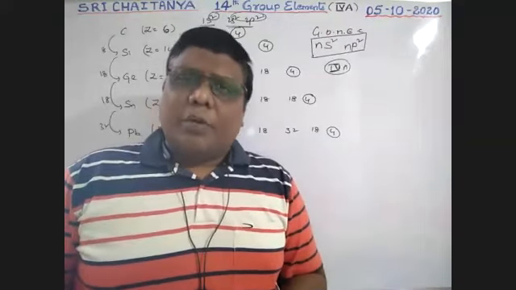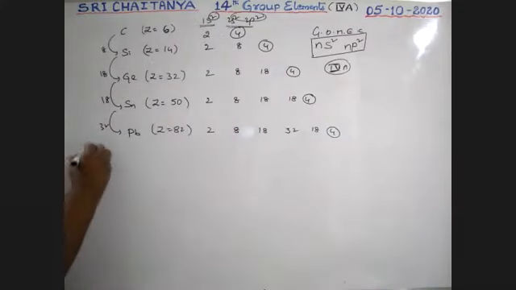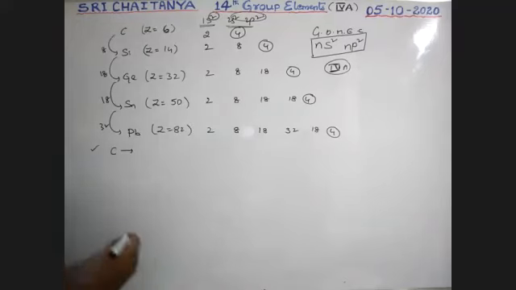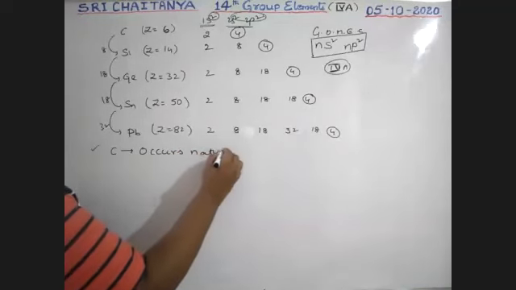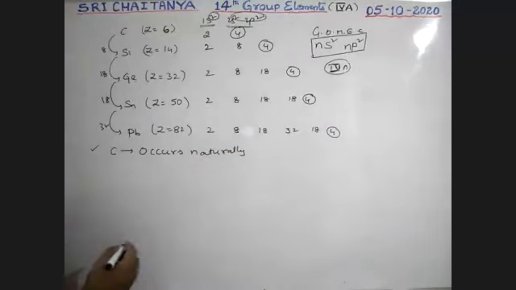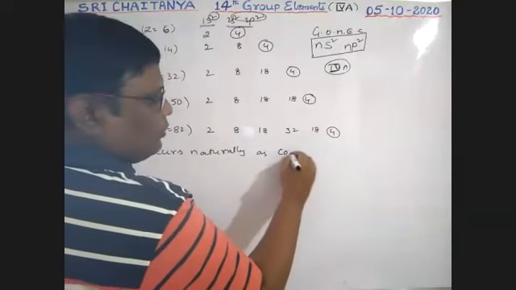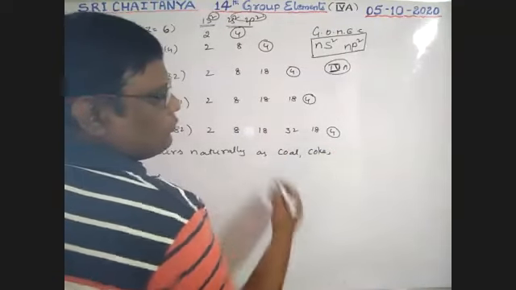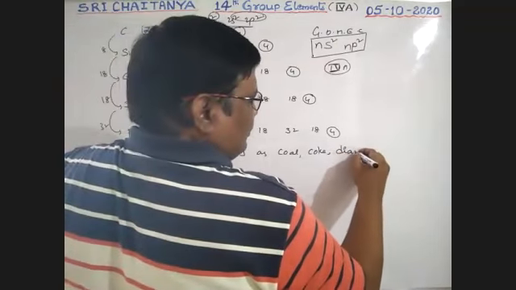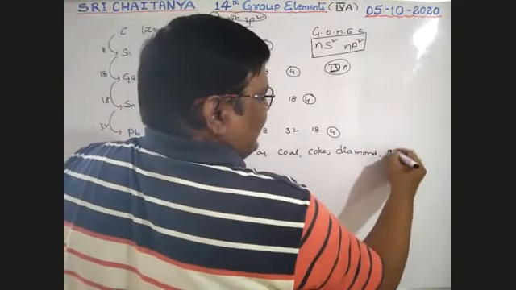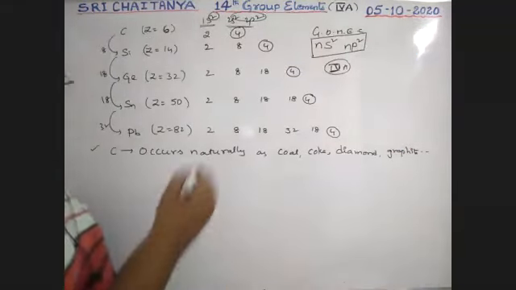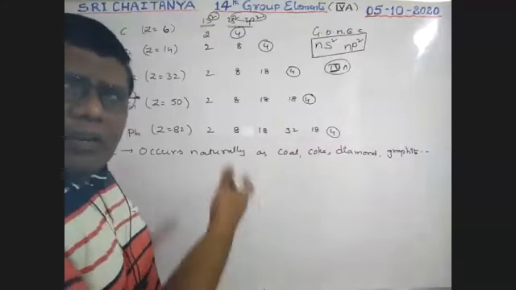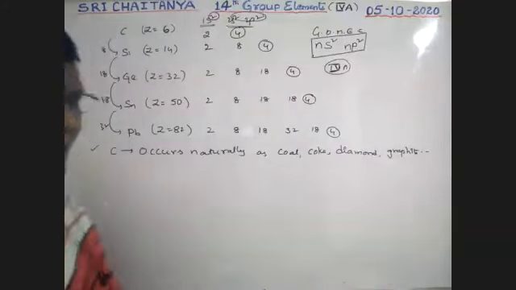Now, what about the abundance of these elements? Carbon occurs naturally as coal, coke, diamonds, graphite, etc. All these are allotropes of carbon, boys. Like this, carbon is available in our nature. Next, silicon.